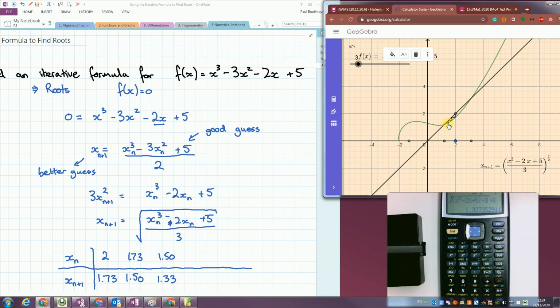What you can see is as these numbers are picked up, they start getting closer and closer to this value down the bottom here.